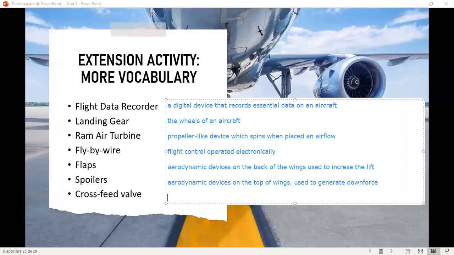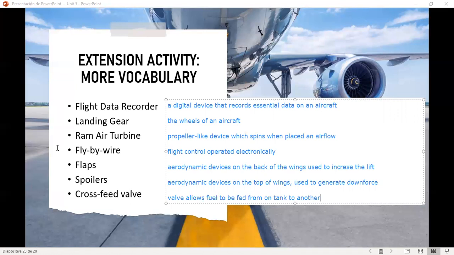In this case, the crossfeed valve is a valve, as it says, that allows fuel to be fed from one tank to another. For example, if you remember the problem of the Airbus A330, where they send fuel from one engine to another.